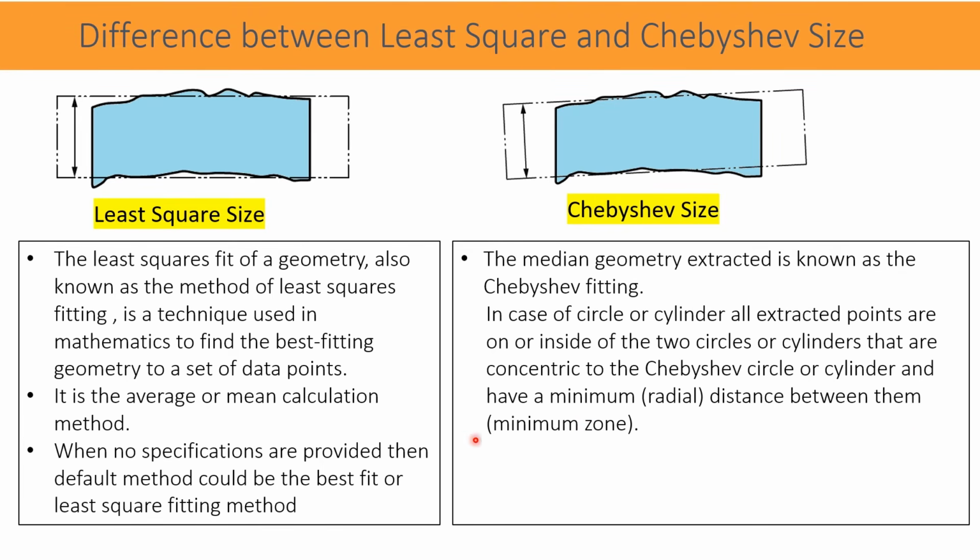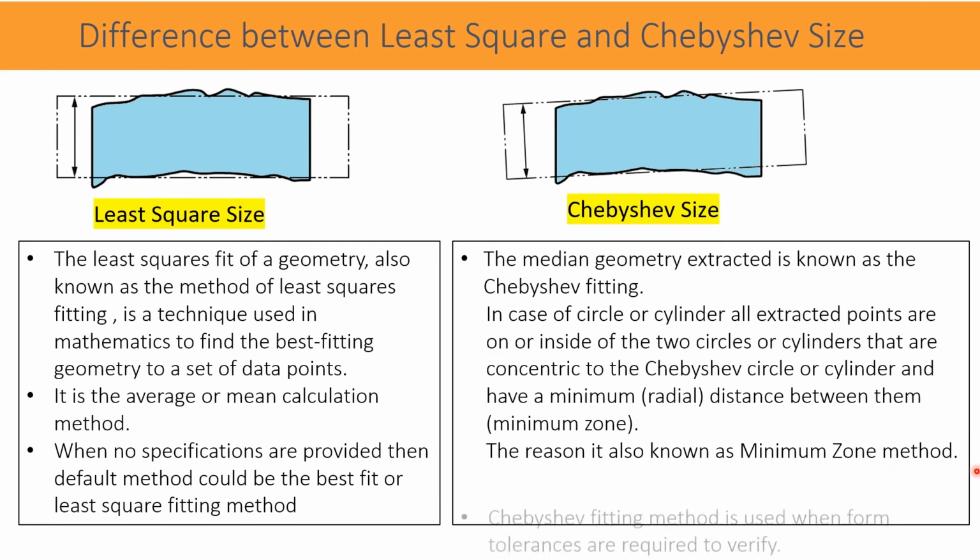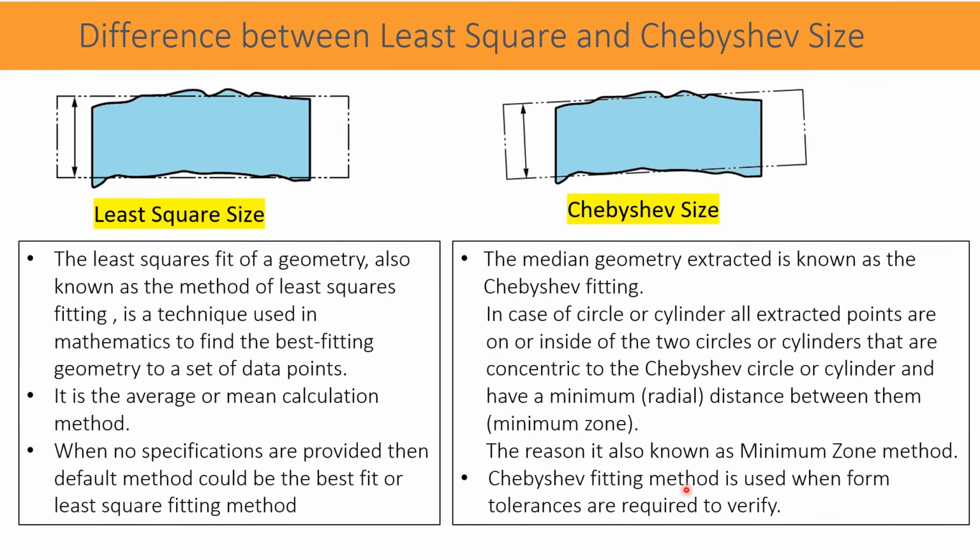Sometimes it is also called a minimum zone, and that is the reason it is also known as the minimum zone method. Chebyshev fitting method is used when form tolerances are required to verify.